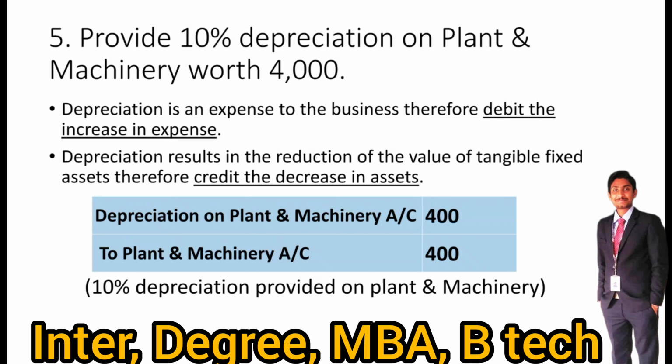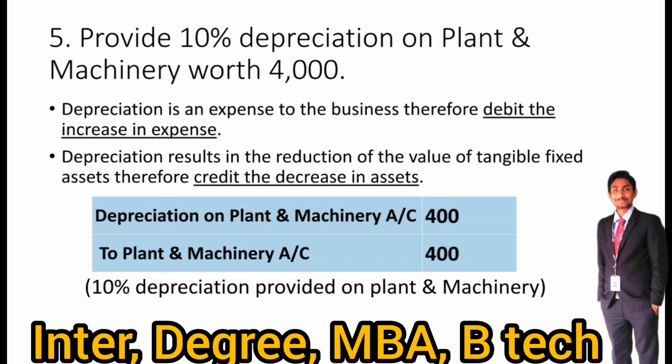Depreciation is an expenditure for the business. If expenditure increases, we mention it on the debit side of the transaction. If depreciation happens on an asset, it reduces the asset value, so we mention it on the credit side of the transaction.